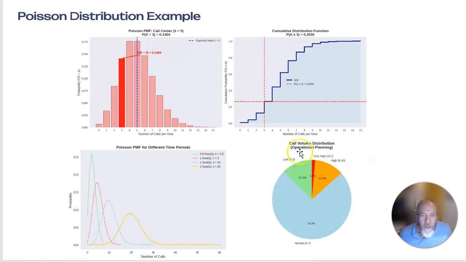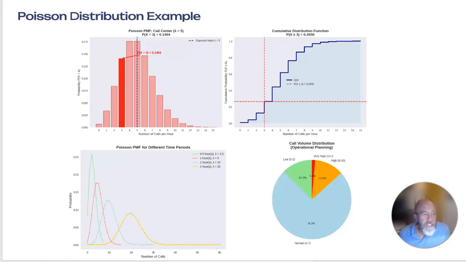Like this last plot is call volume distribution. So we can say normal is 3 to 7, low is 0 to 2, very high is 11 plus. What that means is you have to use that for specific planning because these are random events that you would plan for in a call center to make sure that you could handle.